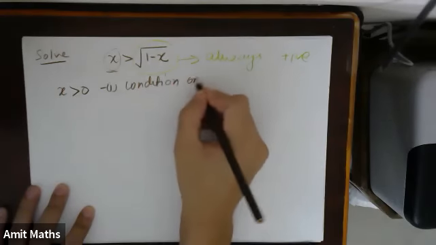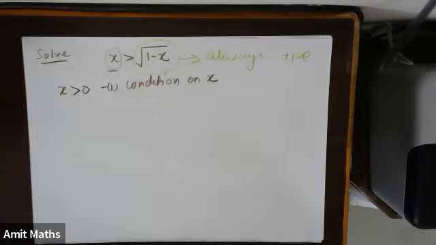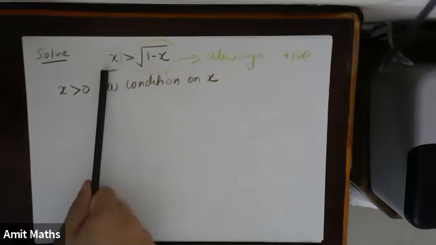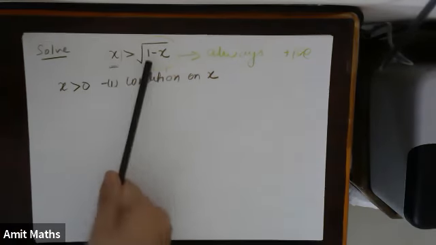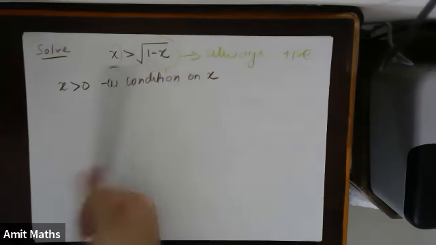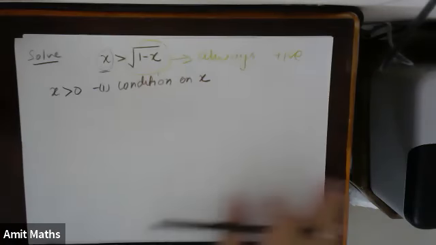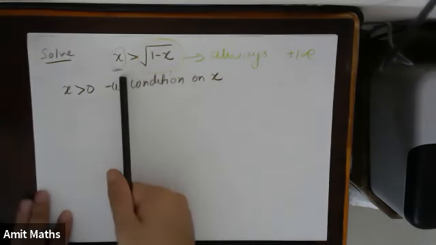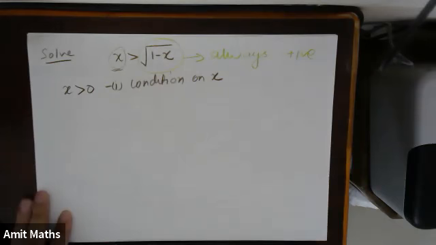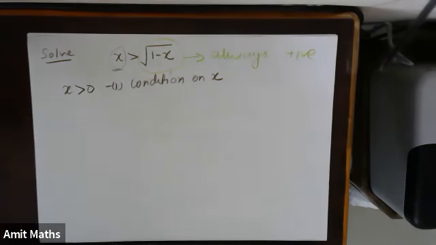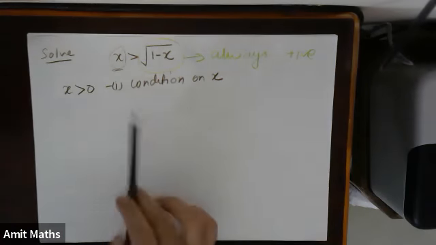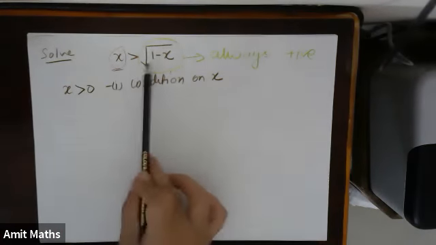Okay, so if the left hand side is greater than 0 and the right hand side is also greater than 0, if both sides are greater than 0, only then can I square. I've already taken care that none of these parts is negative.